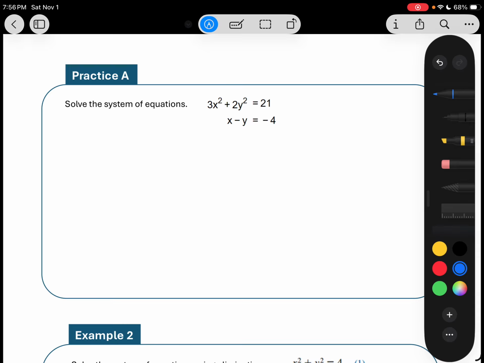All right, let's see how you did on practice A. So what I'm going to do is solve for y on the second equation, and it's x plus 4. So now I can replace y in the second equation with x plus 4.